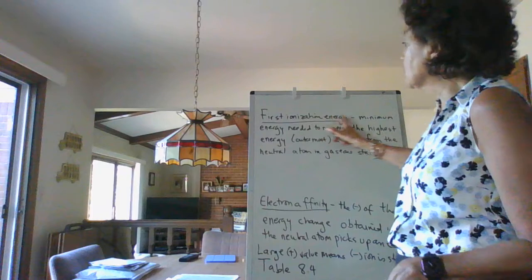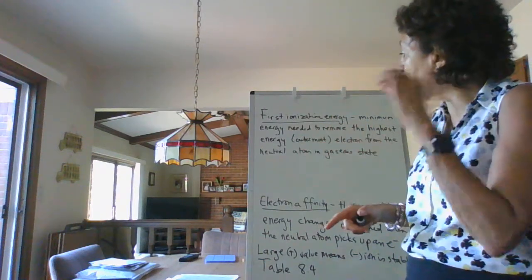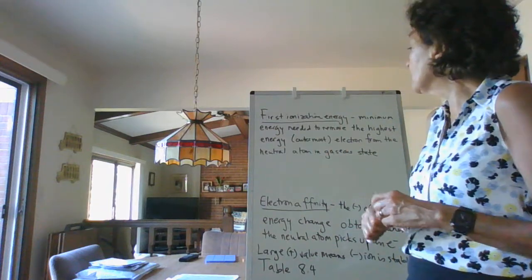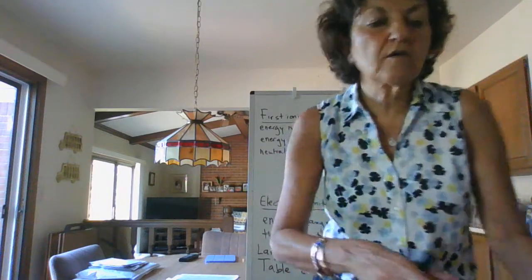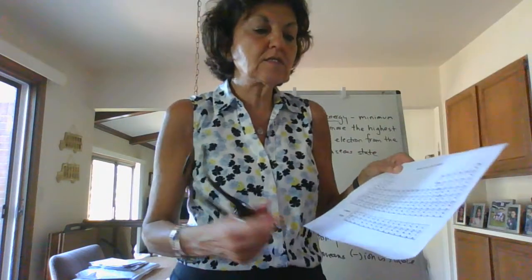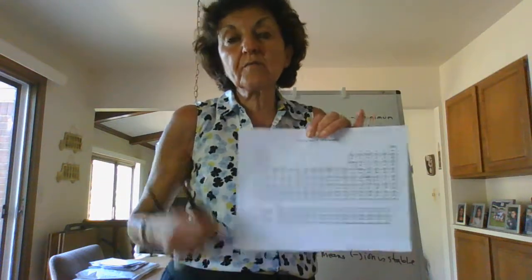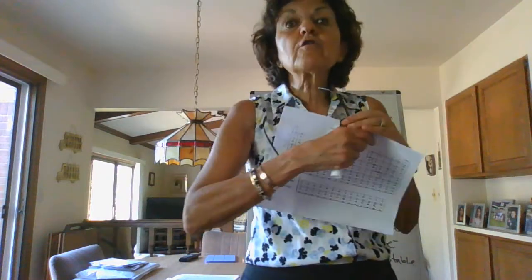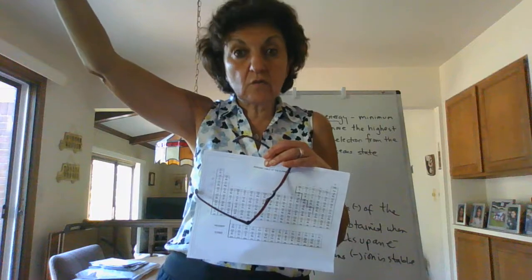The first ionization energy is the minimum energy needed to remove the highest energy or outermost electron from the neutral atom in gaseous state. So you have to think of your elements and see which ones would be the easiest to pluck an electron away. The further the electron is from the nucleus, the easier it's going to be.